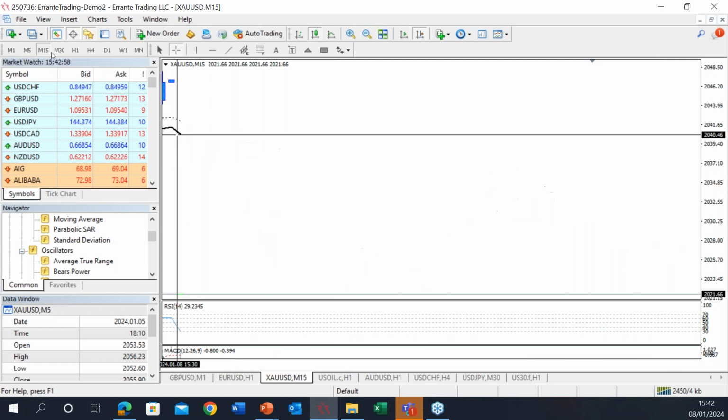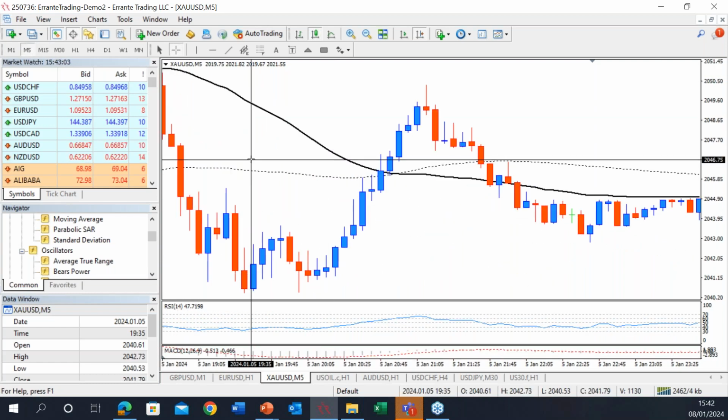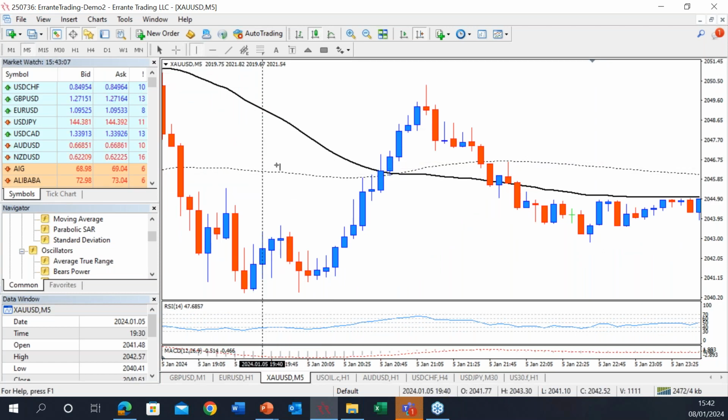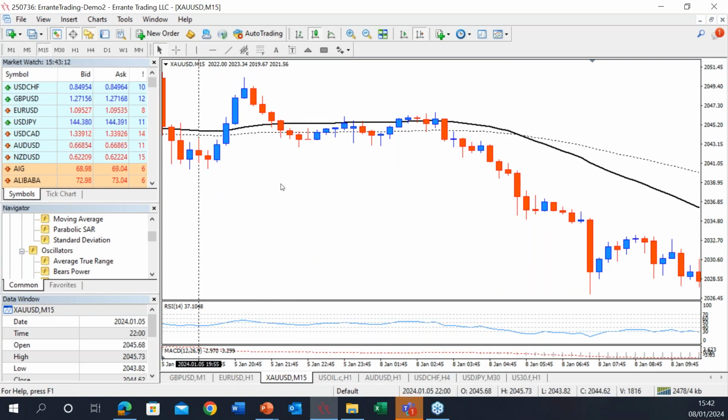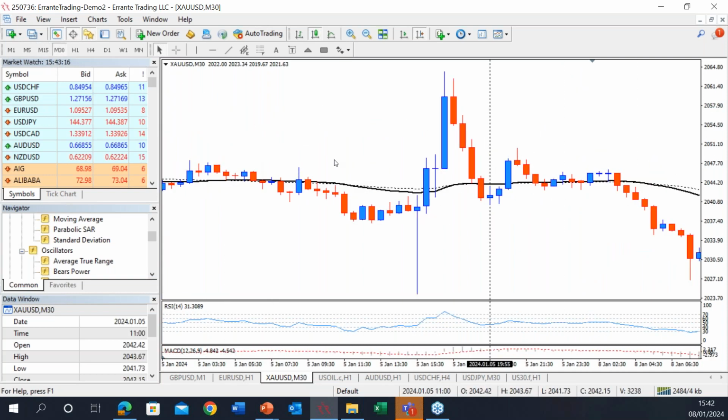So if I go to higher time frame, let me just point it out here, and then you will see how it's just like tweezers that we discussed earlier.